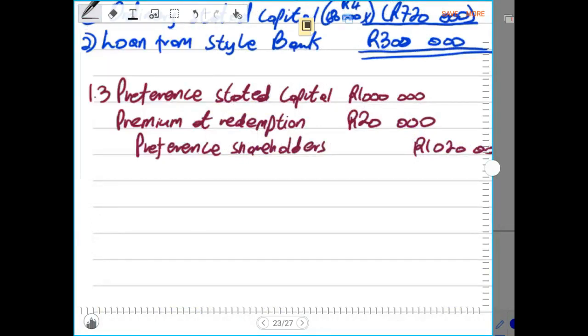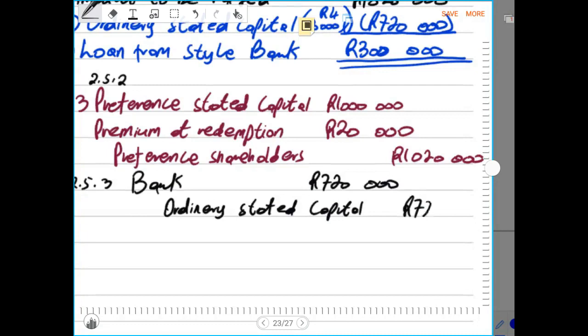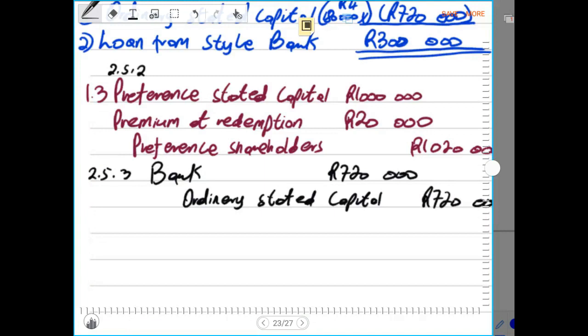So now our journal entry will be debit bank. This is 2.5.3. We debit our bank account with 720,000 rand, and we credit our ordinary stated capital with 720,000 rand for the public offering, which was issued because of the redemption of preference shares.